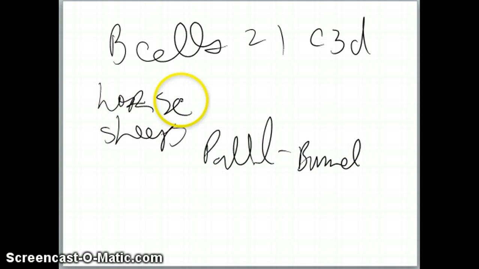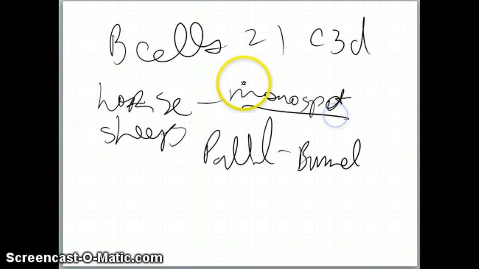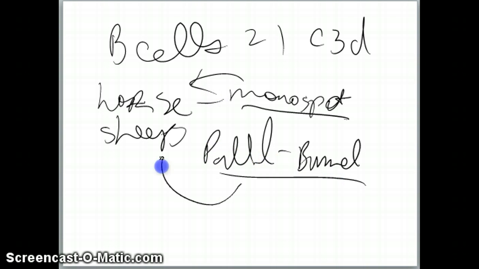If you're looking at the horse RBCs, then on exposure to heterophile antibodies, that's going to be the monospot test, okay? Just in case you see these listed as other things, monospot is the horse blood, Paul-Bunnell is the sheep's blood, the P for P, and I'm saying red blood cells, RBC.